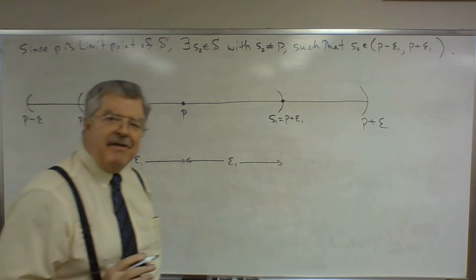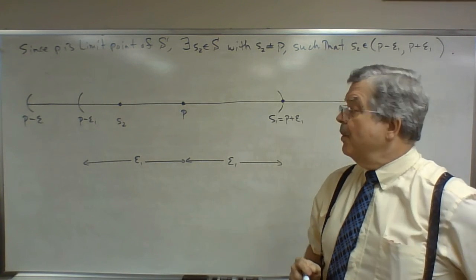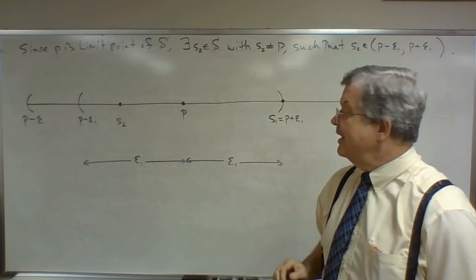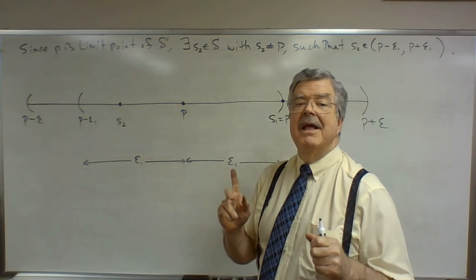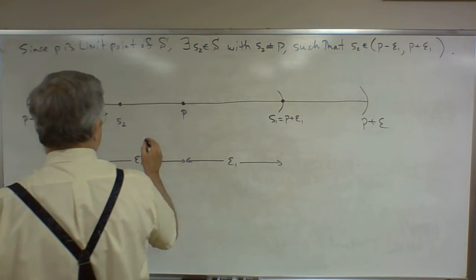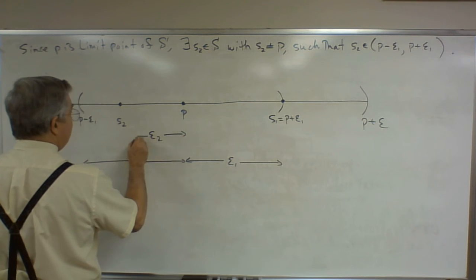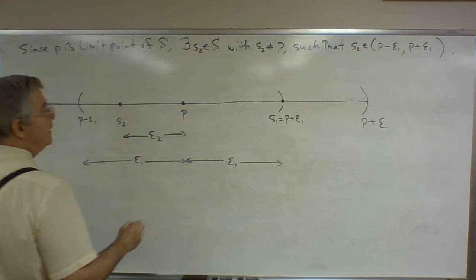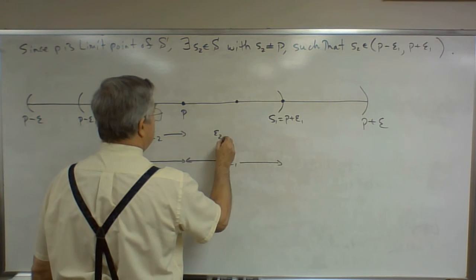And you'll never guess what we're going to do next. We're going to call the distance between S sub 2 and P epsilon sub 2. So here's epsilon sub 2. And we go that distance in both directions.